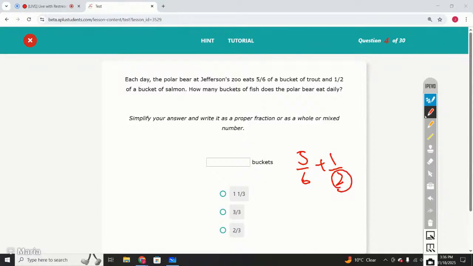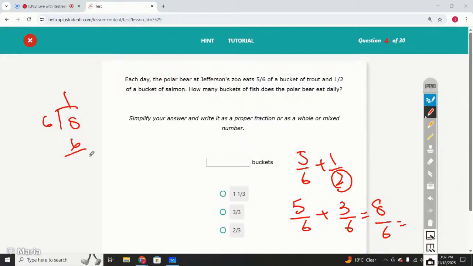We need to multiply this fraction by 3. 3 times 1 is 3, 3 times 2 is 6. That is 8 over 6. Divide 8 by 6. 6 times 1 is 6. That is 1 whole 2 by 6.